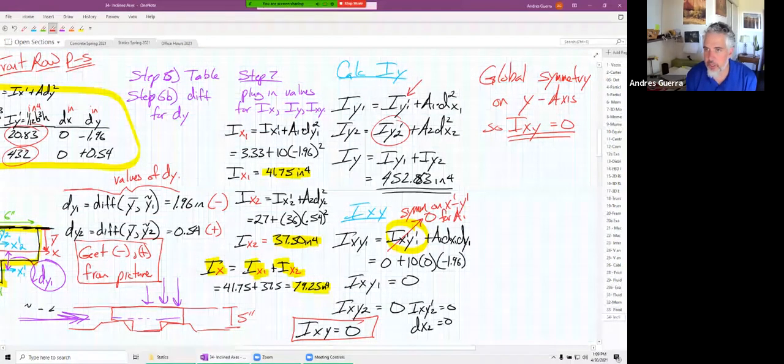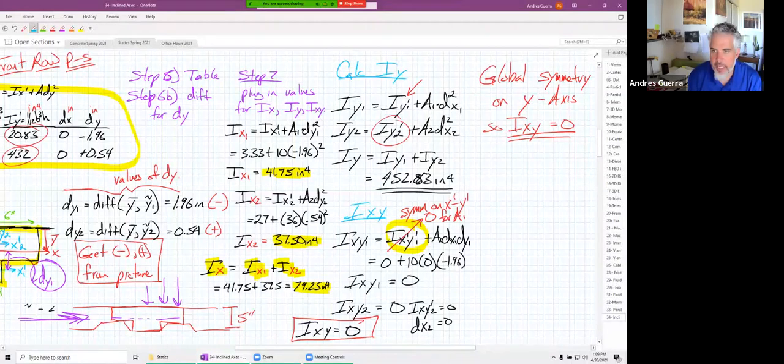Remember, Ixy is equal to 0 when we have symmetry on the x, the y, or both. And then what does that mean? That means that the Ix and Iy are principal moments of inertia.